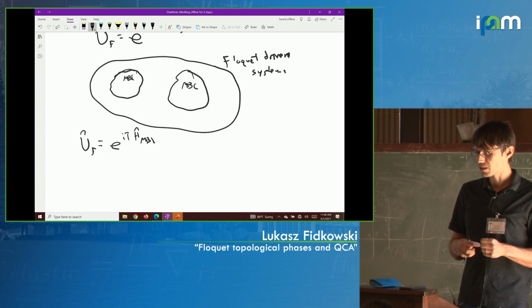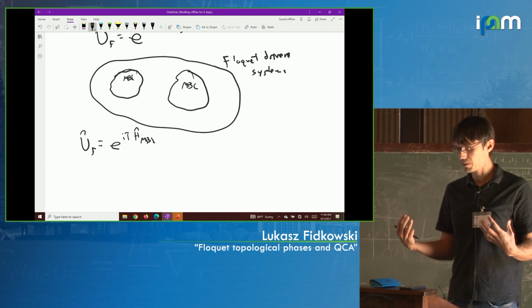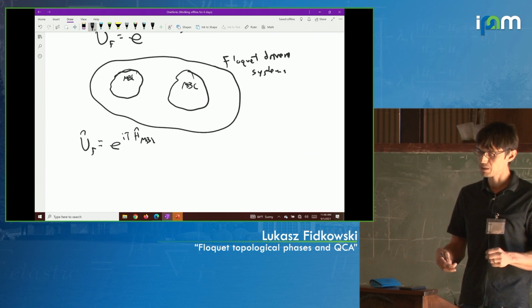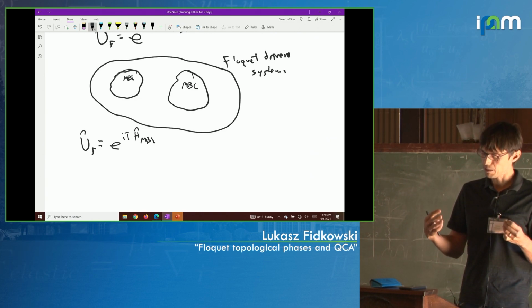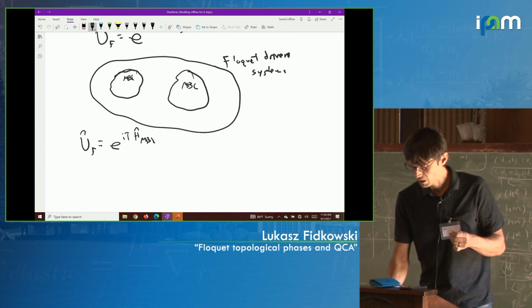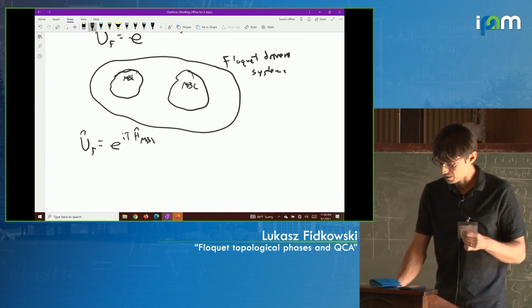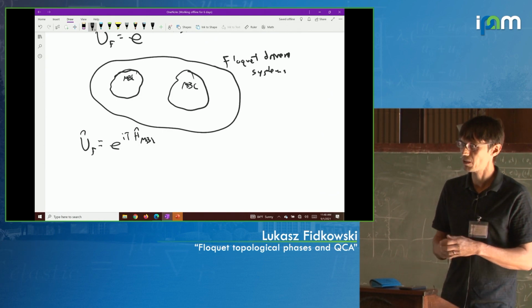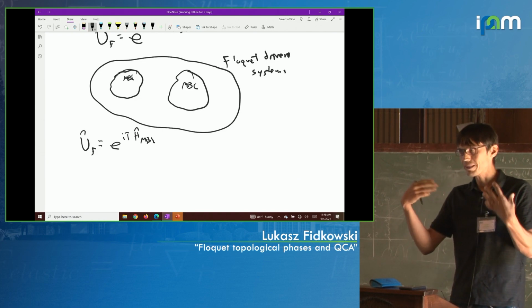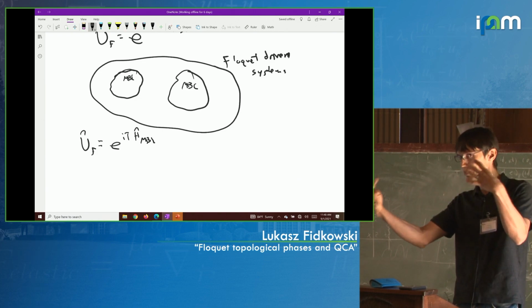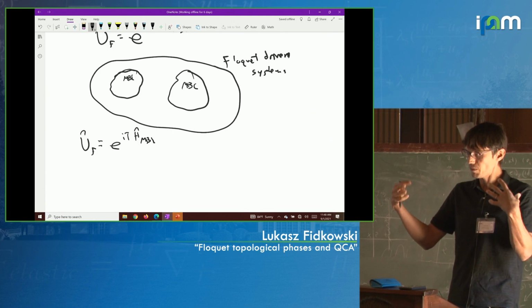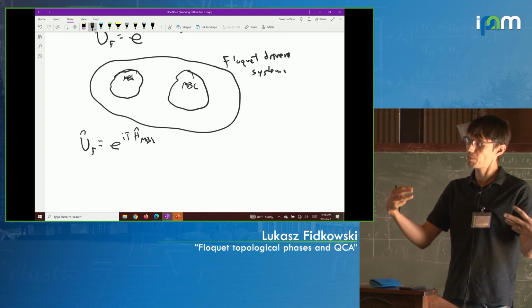That's actually one of the things that makes Floquet-driven systems with this MBL property nice. It turns out that you can realize phenomena. In other words, there are Floquet MBL phases. These connected components are called Floquet MBL phases, which realize quantized invariants, edge phenomena, various things of a topological nature, which have no equilibrium counterpart.